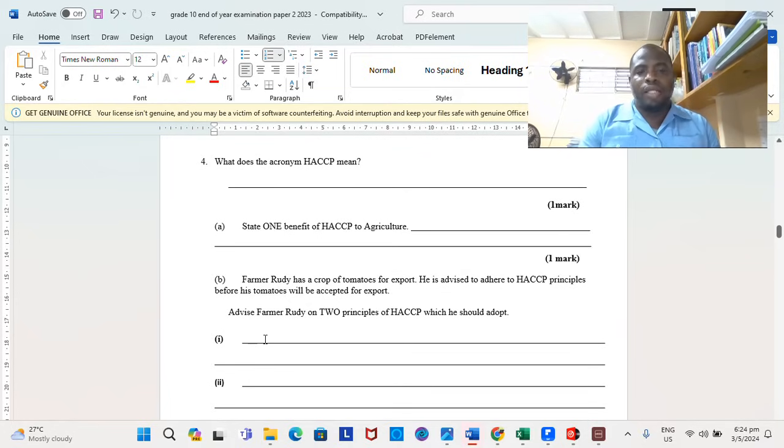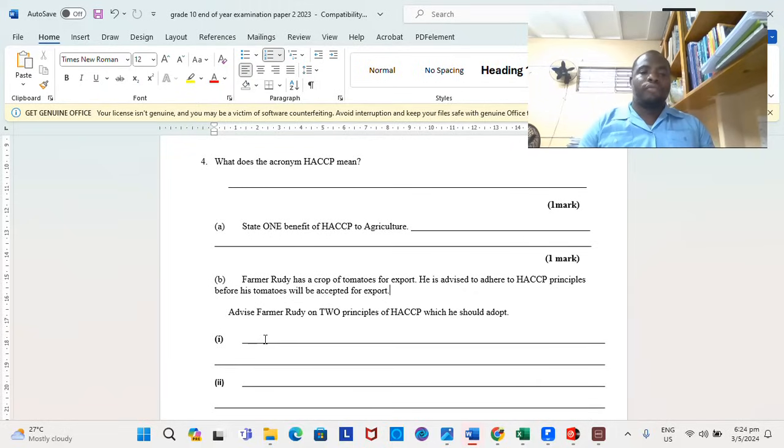Now, part B, farmer Roddy has a crop of tomatoes for export. He's advised to adhere to HACCP principles before his tomatoes will be accepted for export. Now, advise farmer Roddy on two principles of HACCP which he should adopt.